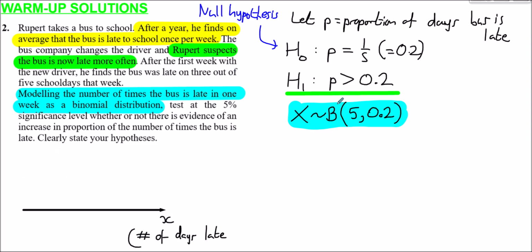And of course, because we're thinking that the proportion is 0.2, we're expecting the mean to be 0.2, but actually what's going to happen is something like this. So we'd imagine that most of the time it's going to be late just once per week.